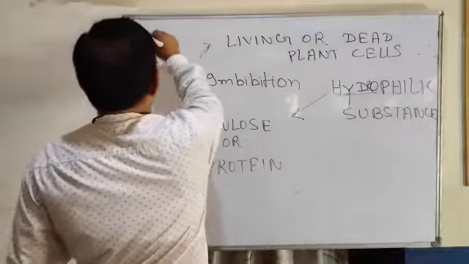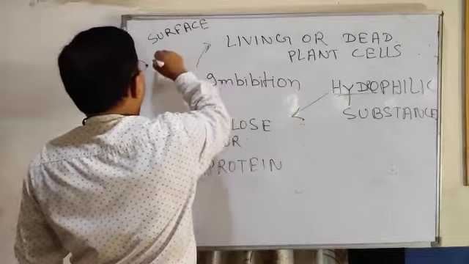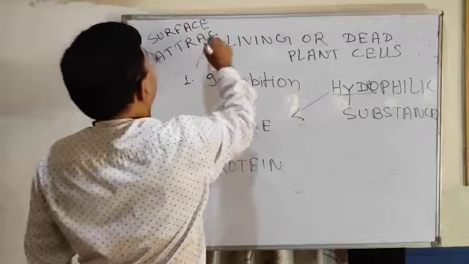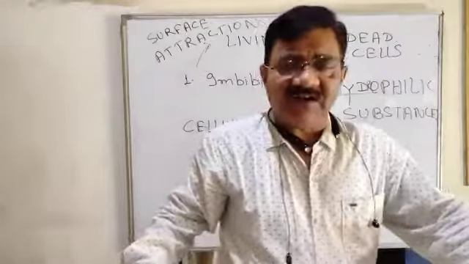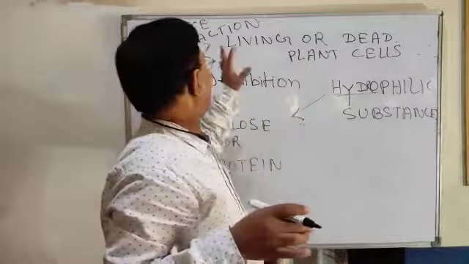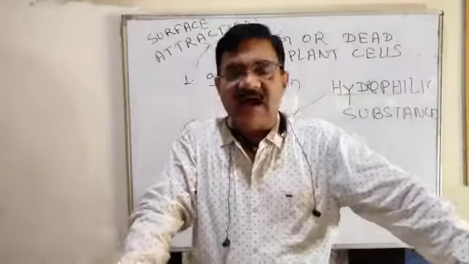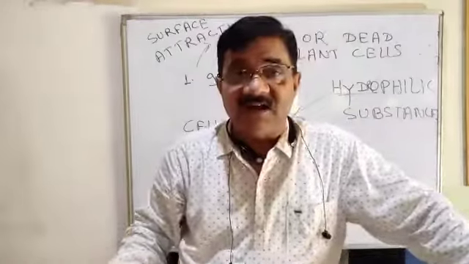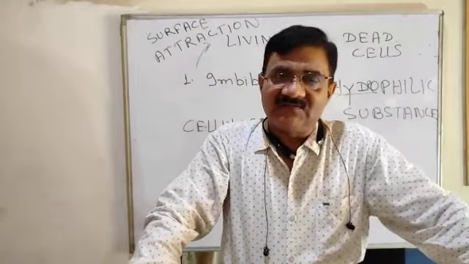Wood is dead plant cell. Surface attraction means the water should come in contact with the surface. This phenomenon is known as imbibition, and this is the first phenomenon which helps in the absorption of water by the roots.